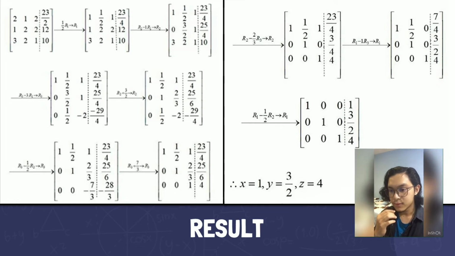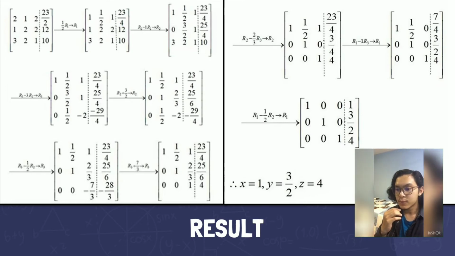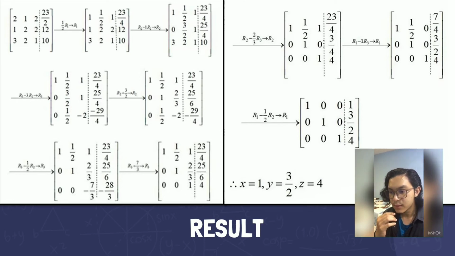Next row 2, R2 minus 2 over 3 R3. So row 2 will be 0, 1, 0, 3 over 4. Next row 1, R1 minus R3. So R1 will be 1, 1 over 2, 0, 7 over 4.